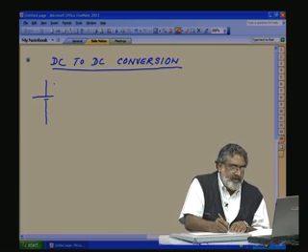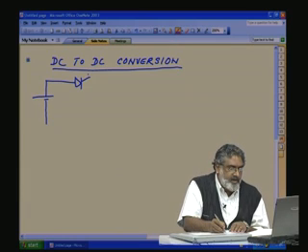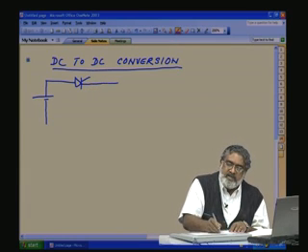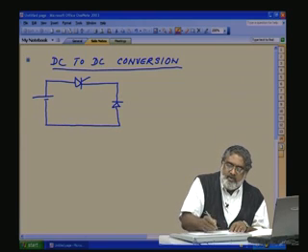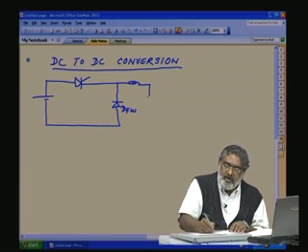Then you have the thyristor, main thyristor to be commutated. This is a basic buck converter configuration. This is your freewheeling diode, DFW, freewheeling. Then you have the motor load here.